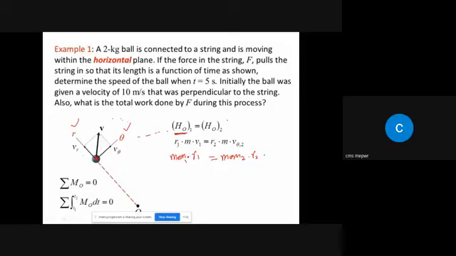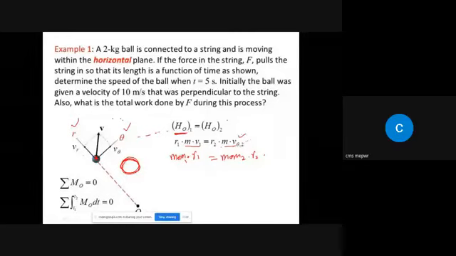Momentum before is given by mv1, and momentum after is given by mv2. But mv2 can again have two components, and the momentum along this direction is due to v theta 2.